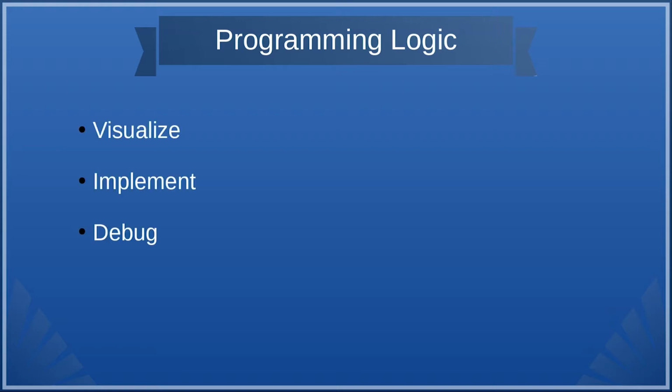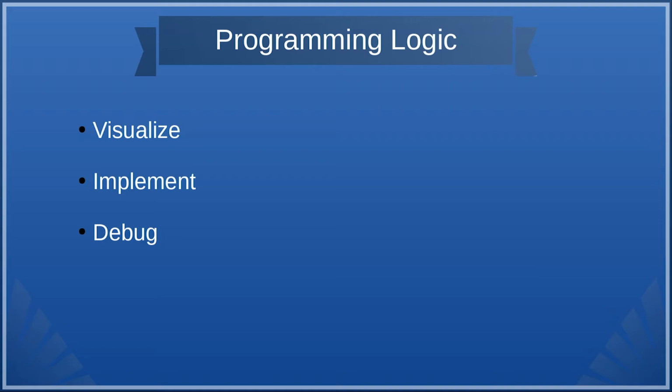There is a process of three steps which I call: visualize, implement, and debug. First, in the visualize phase, understand your programming problem and start visualizing the approach for the solution, and how you're going to implement it.